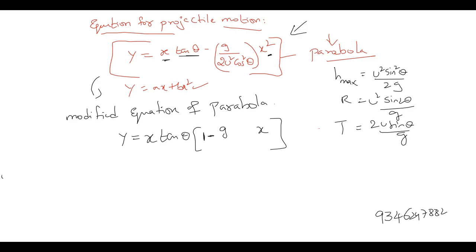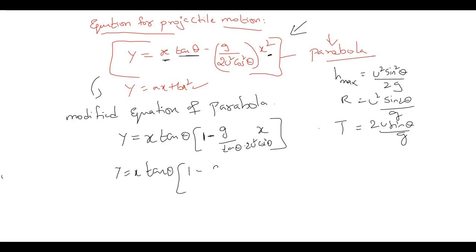Here if we have tan theta down, then this tan theta will be cancelled, yes or no? Then you are left over with 2u square cos square theta. Then x tan theta into 1 minus g.